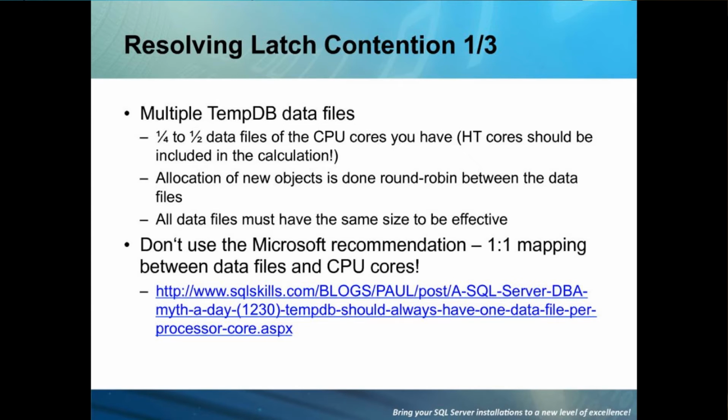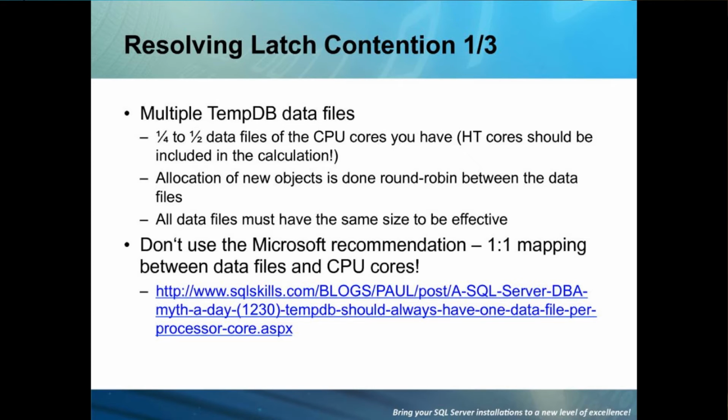So if you have multiple data files for TempDb, or even for a user database, SQL Server allocates space in a round-robin fashion: the first extent in the first file, the second extent in the second file, the third extent in the third file, and so on. This means we have concurrent access to those specialized pages because of that round-robin allocation algorithm. So if you have latch contention, you can solve it by applying multiple TempDb data files.